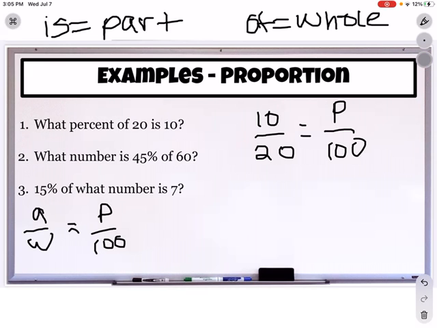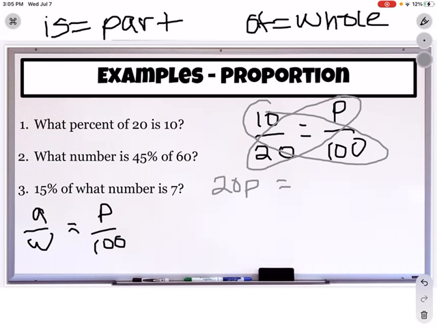When I do this, I have to cross multiply. P times 20 is 20P, which equals 10 times 100, which is 1,000. Now what you would do, according to order of operations, is you would divide and make that P single.